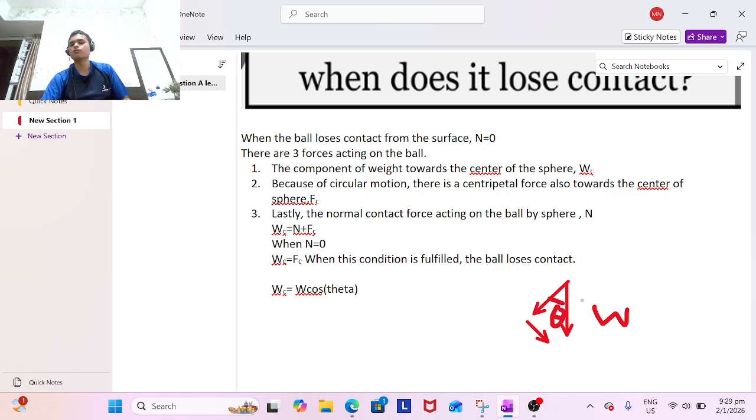This is basically theta, this is W, and this is WC, and this is a right angle. So as you can see, W cosine theta must equal WC.